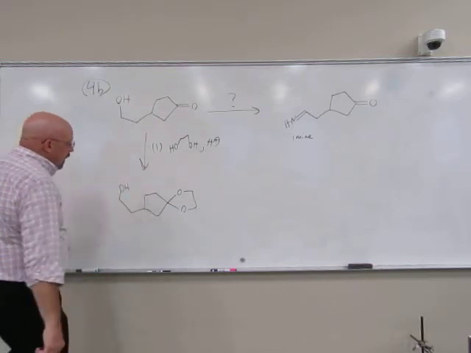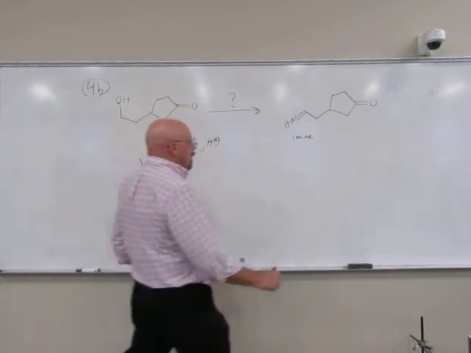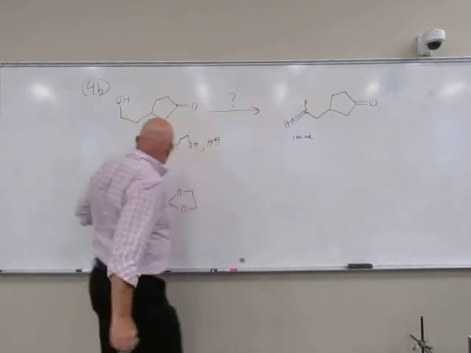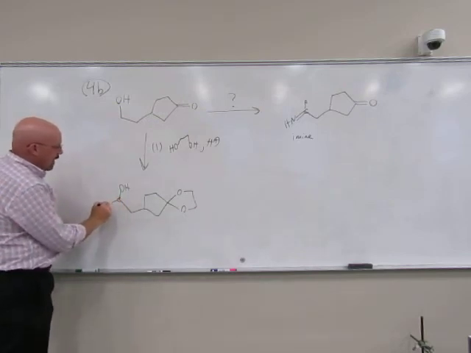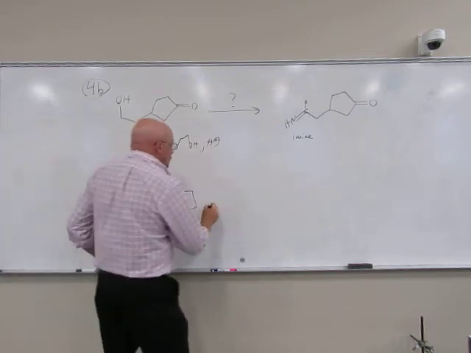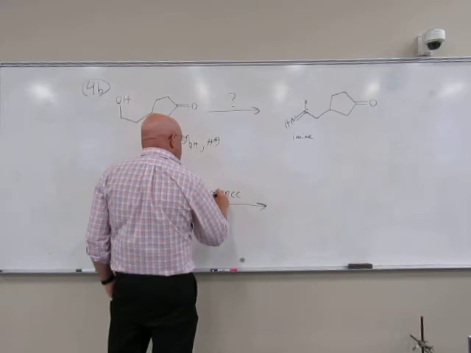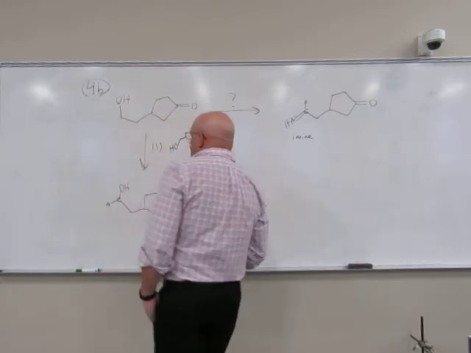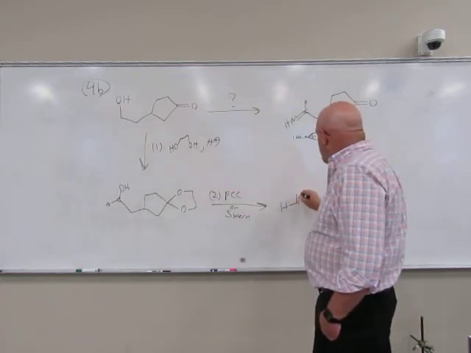Now we're going to take our alcohol, and notice that in my imine, this carbon had a hydrogen, so this is that carbon right here. So we want to keep the hydrogen. So we want to make that into an aldehyde. So that is either PCC, that's our second step, PCC, or you could do Swern. That converts that primary alcohol into an aldehyde.